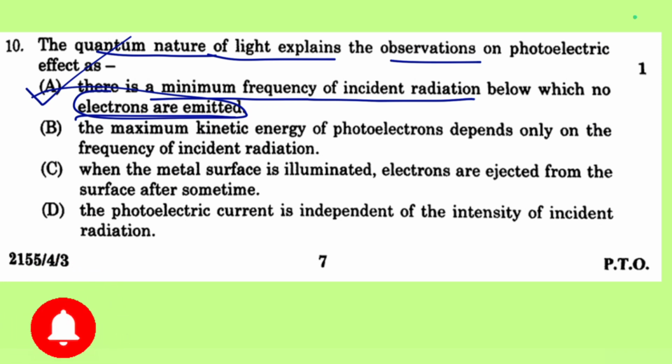So that should be your answer. That is a very basic and proper reading of the statement given in our textbook, that a minimum frequency of the incident radiation is required for the ejection of electrons from any metal surface.